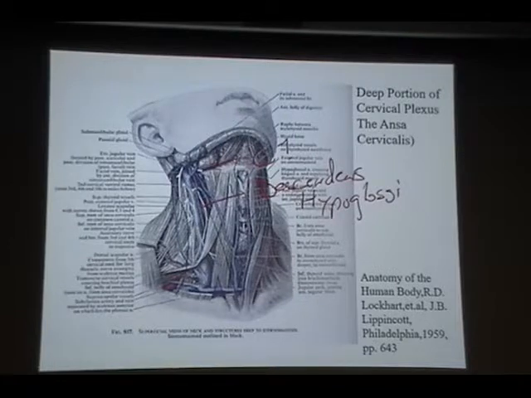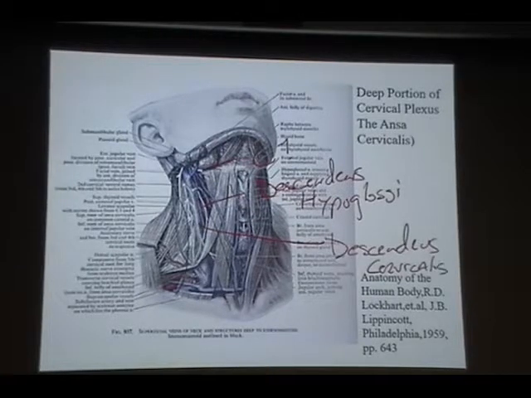And I'm gonna call this back here descendens cervicalis. And these two entities here are going to come together to form a nerve formation which is known as the ansa cervicalis.